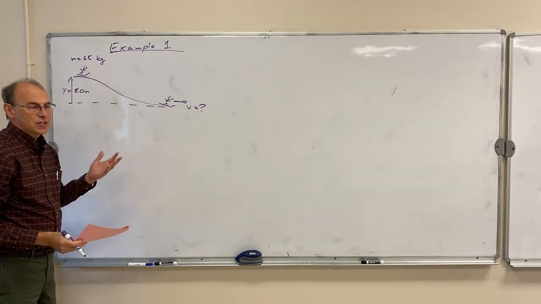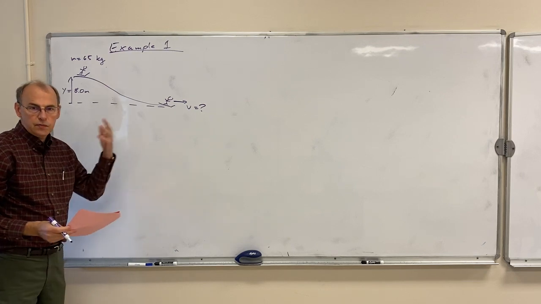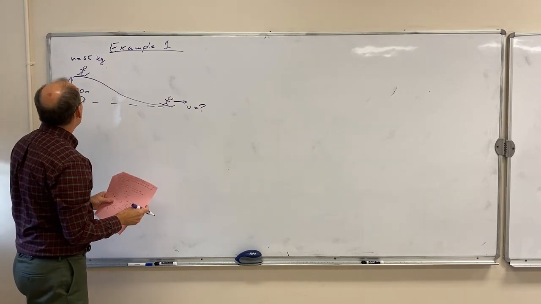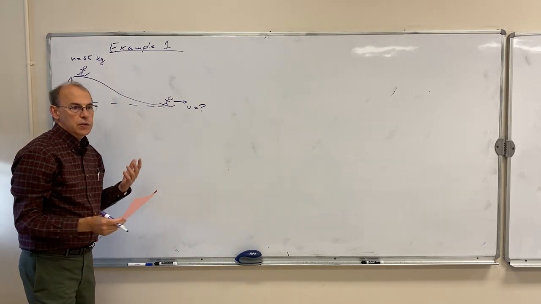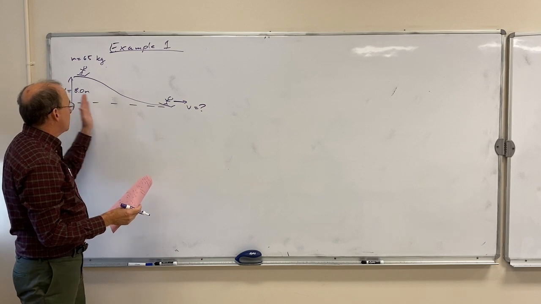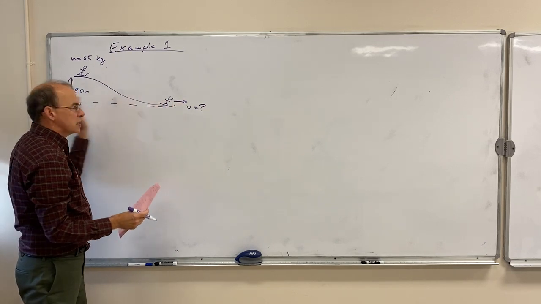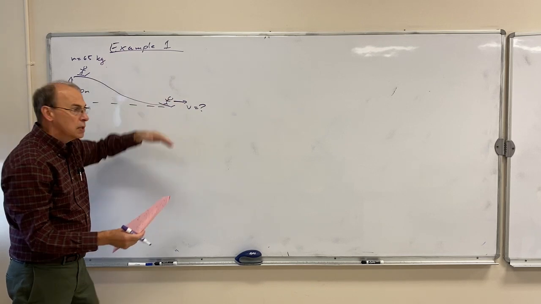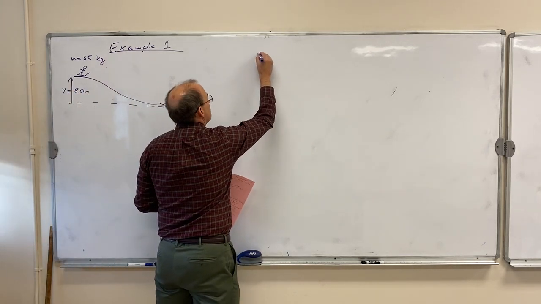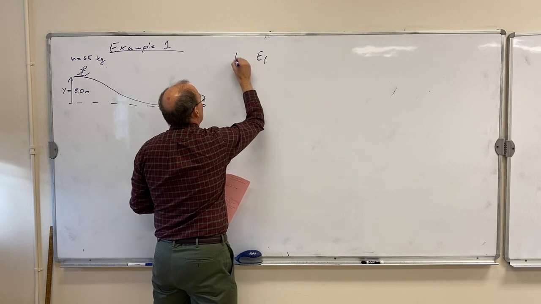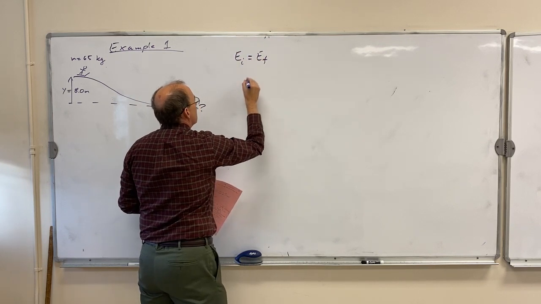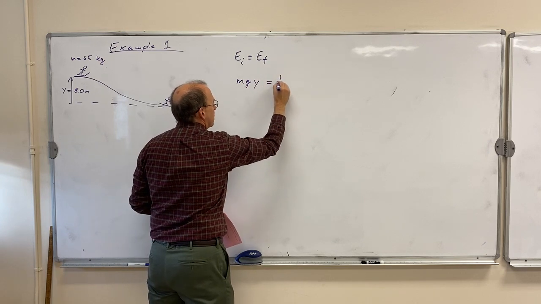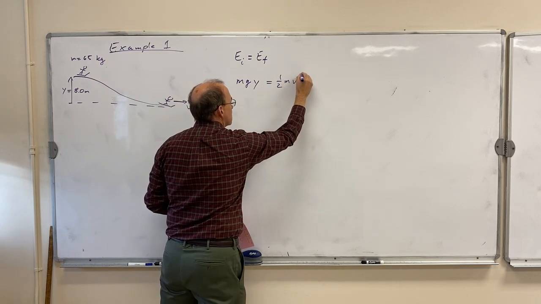I'm going to do 2 parts to this. The first part is so like the first example that you'll wonder why I'm doing it, but then I'm going to do the second part. So it turns out this conservation of energy for gravity doesn't depend on the distance this way. The gravitational potential energy just depends on height. So if I set the initial energy equal the final energy, and her initial energy was just mgy, equals her final energy, 1/2 mv squared.